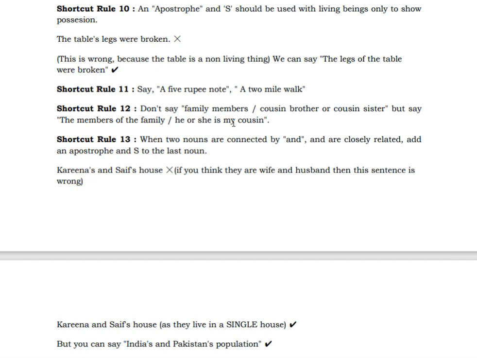So Karina and Saif's house as they live in a single house. But you can say India's and Pakistan's population because it is referring to two different countries. But here when you are referring to them as husband and wife, you have to say Karina and Saif's house. Okay. So let's go to some more rules of noun.